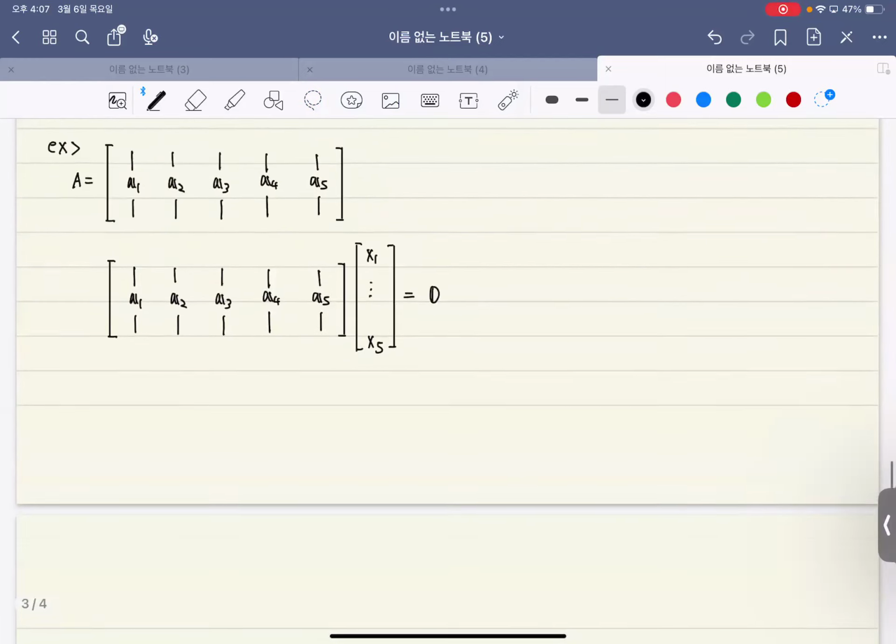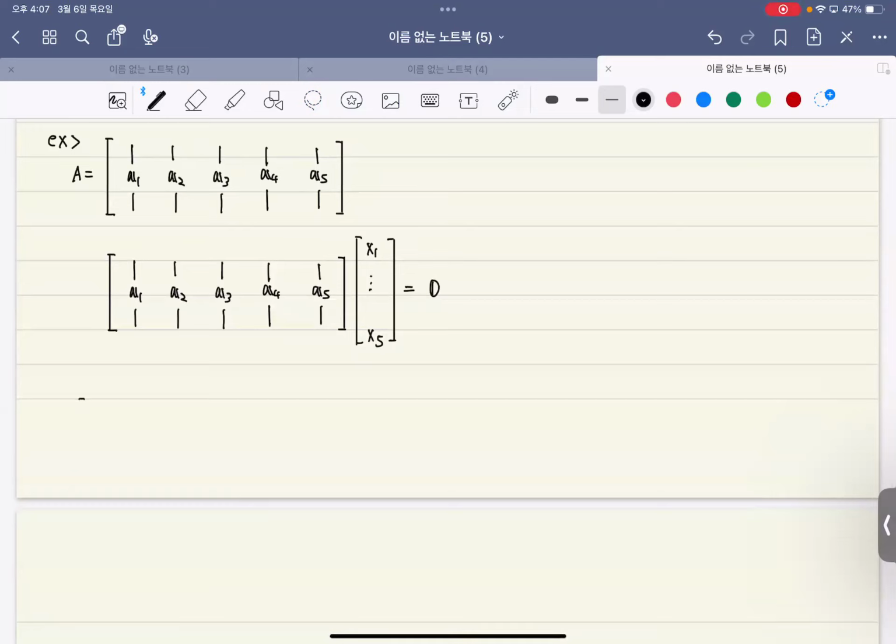And try to put everything into the reduced row echelon form. Suppose that the reduced row echelon form of this matrix looks like this.